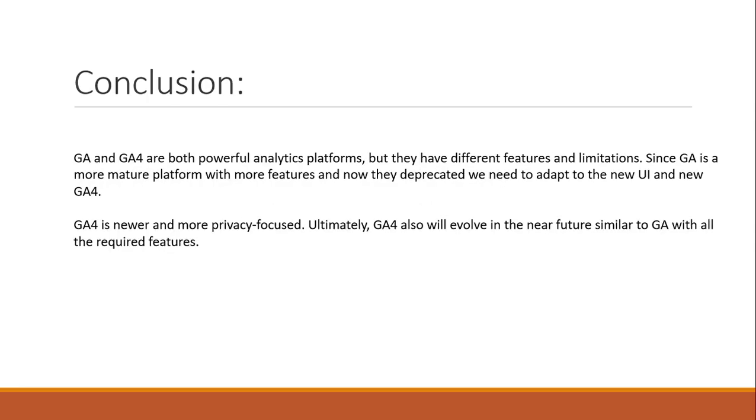In a nutshell, GA4 has a lot of limitations, but they keep consistently growing in how they update their features on a day-by-day basis. Everybody should understand the current limitations we have whenever we are looking at the data in GA4, and how we can avoid these scenarios as well. Hope this helps everyone. Thank you.